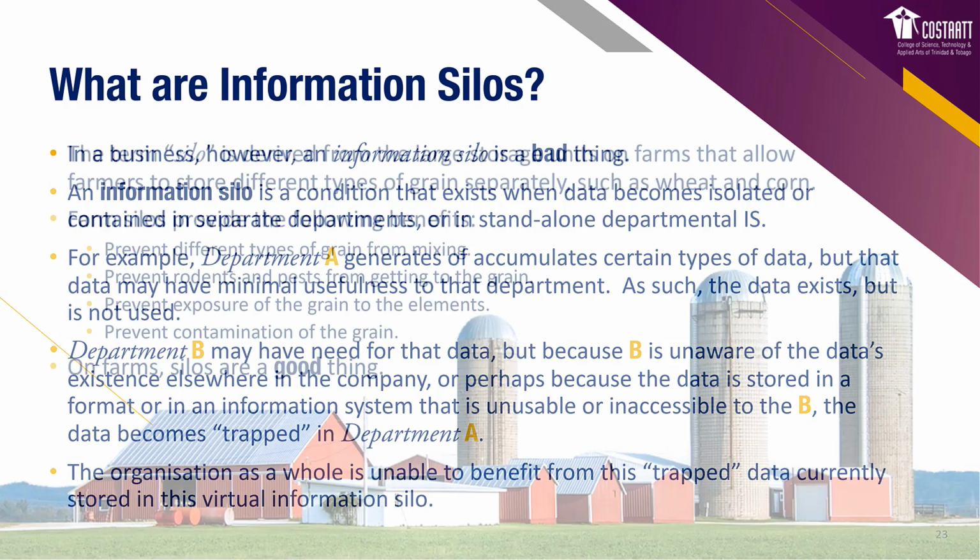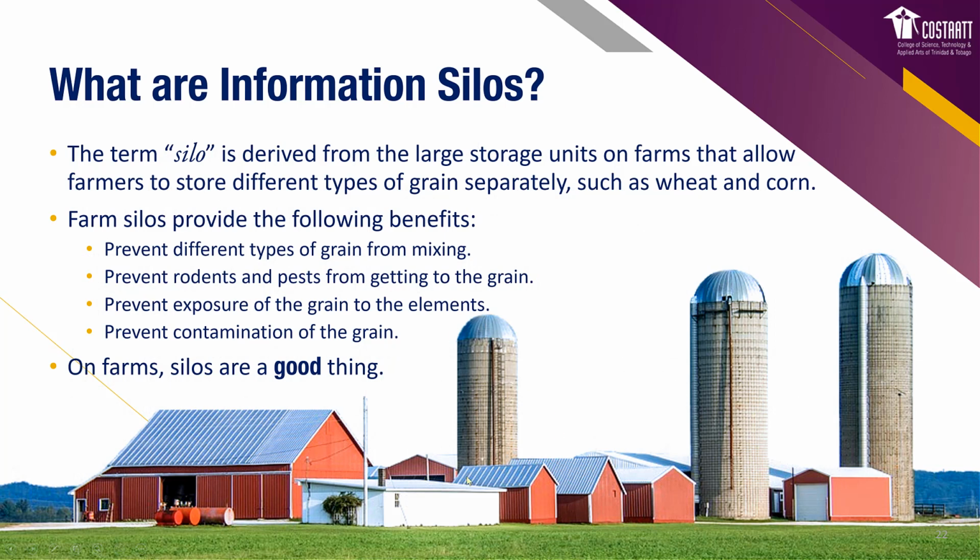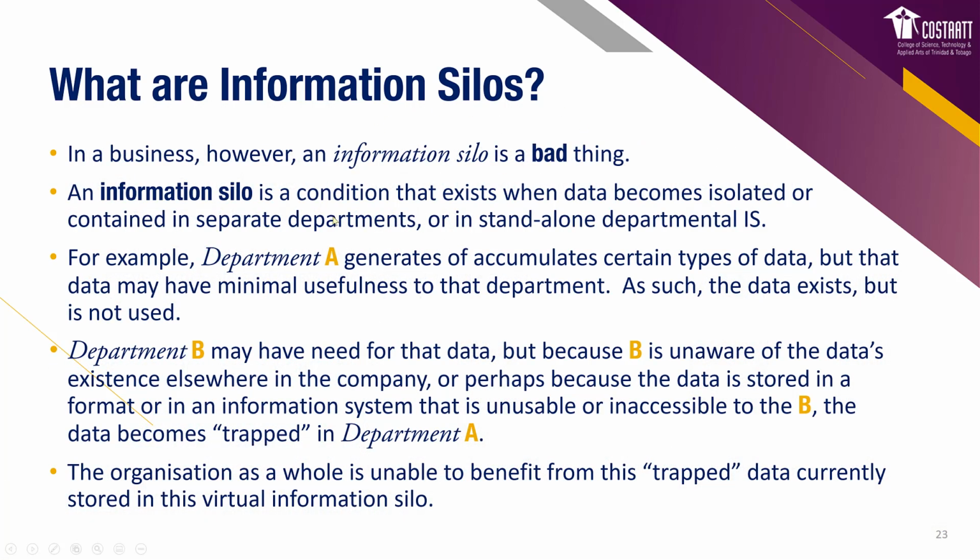So just as on a farm, where silos were intended to keep one type of grain separate from another type of grain and to prevent any kind of contamination or exposure, that happens with an information silo as well.